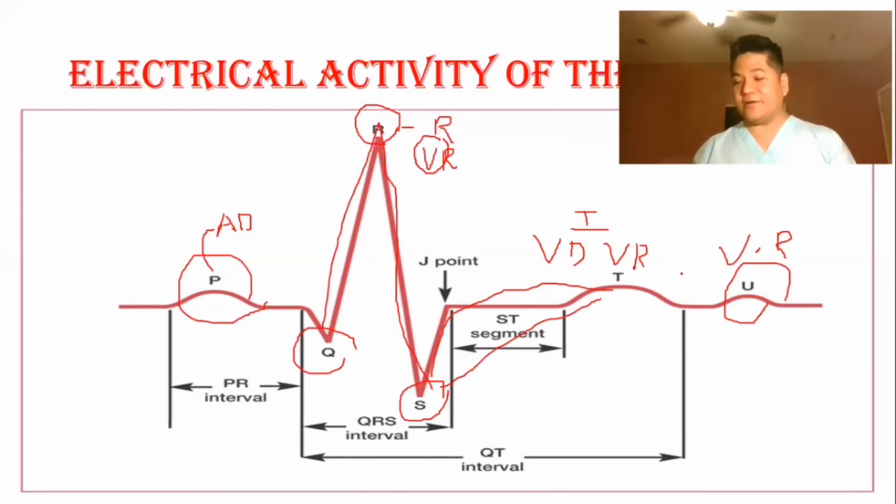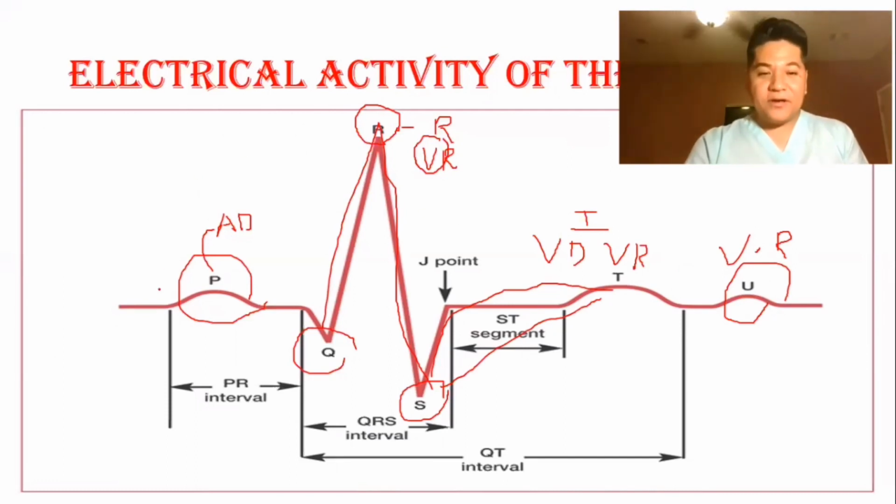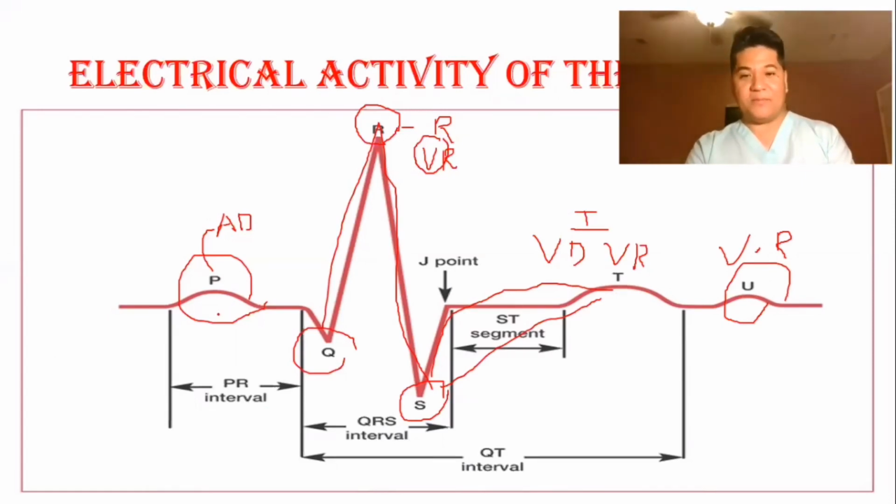So that's the electrical activity. Remember the normal pattern all the time. They also ask some questions about this normal pattern. If there are changes, you might see that it is different, like there are abnormalities on that. So remember this pattern, it is important.